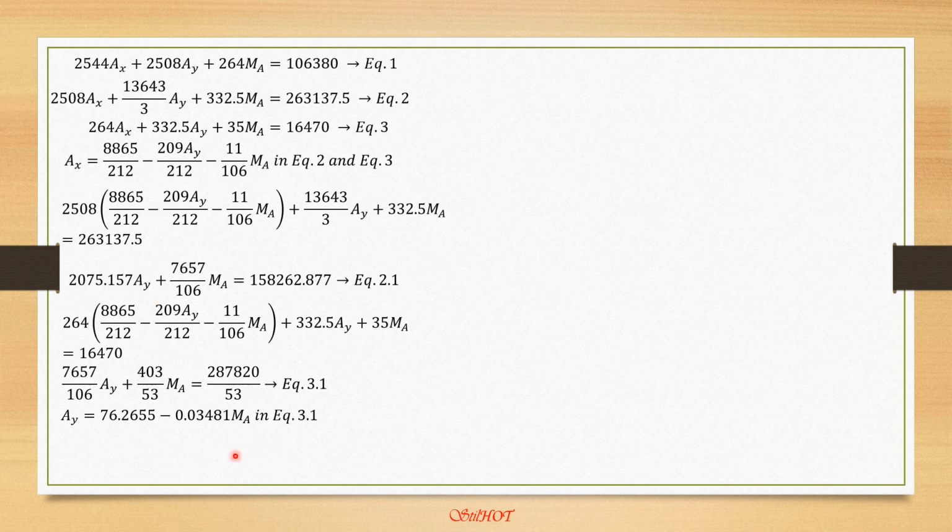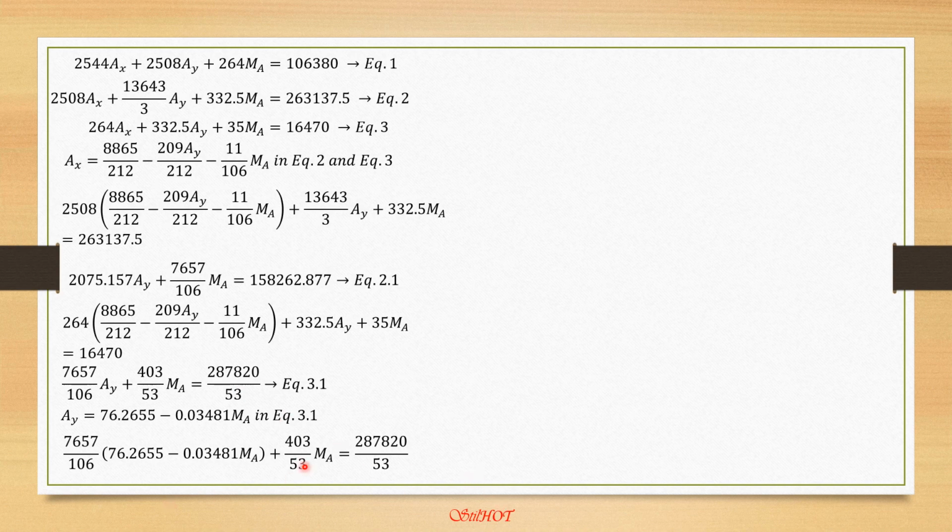Negative 7657 over 106 MA divided by 2075.157, that would be negative 0.03481 MA. Then we substitute this into equation 3.1. So 7657 over 106 times the quantity 76.2655 minus 0.03481 MA, plus 403 over 53 MA equals 287820 over 53.